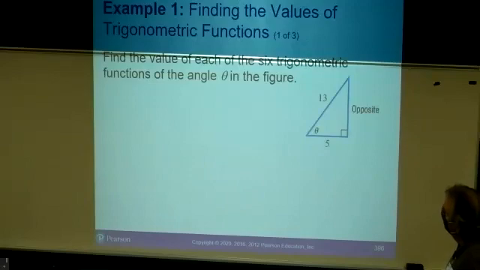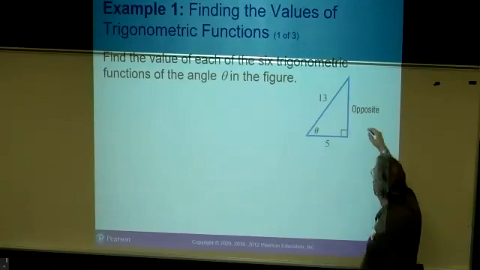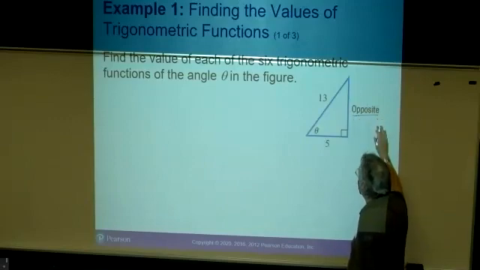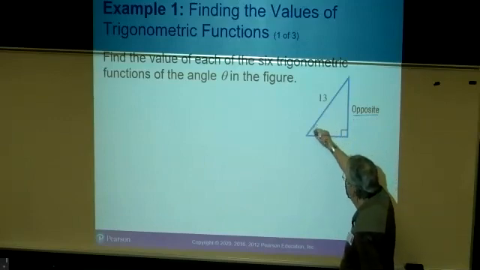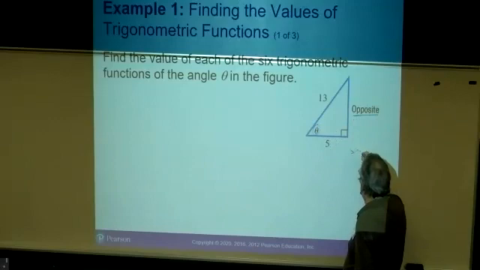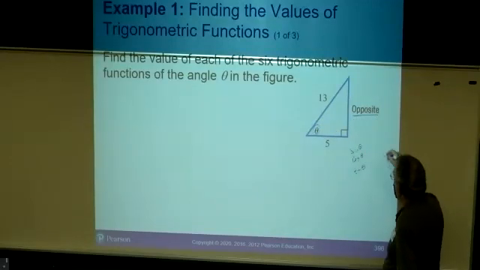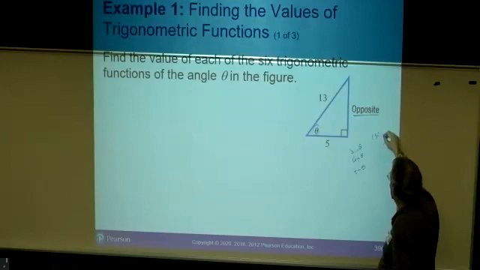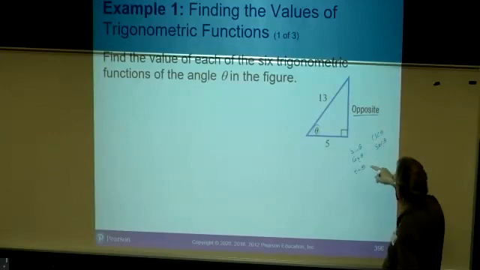Okay, so find the value of each of the trigonometric functions in this triangle. So the first thing to do is to find out what the opposite side is. Okay, we're not trying to find this angle. We just want to find out what sine of that angle is, what the cosine of that angle is, and what the tangent of that angle is. And once we find those, we can find the cosecant, which is just the reciprocal of sine, and we can find the secant, which is just the reciprocal of cosine.